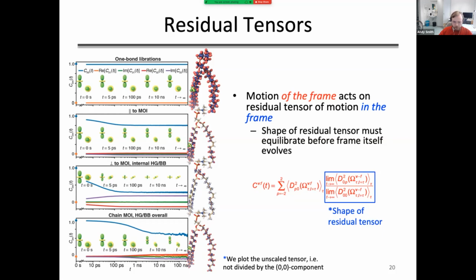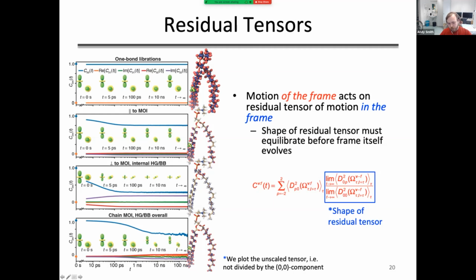We require timescale separation if the tensor changes shape or the tensor changes orientation within some frame. So that's what's happening here in the perpendicular motion, the tensor really changes orientation and shape. If this reorientation were overlapping heavily with the overall motion, we would have a real problem.